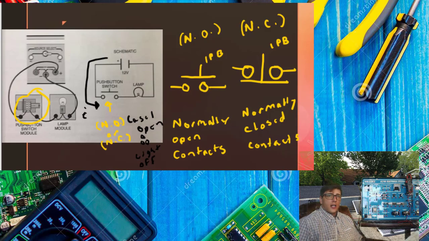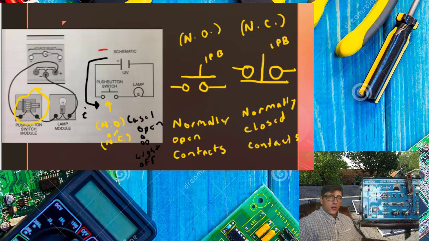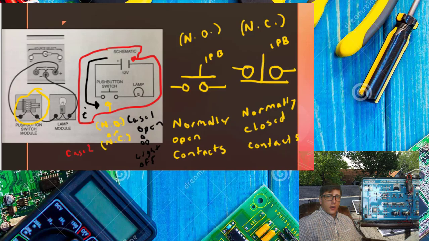Now I'm going to make this a little different. In this case, I'm going to make the electrons red, and this is the electron flow. This is case 2. In this case, the electrons flow through here, through here, and through here, and then we have a complete circuit. I'll erase the whole line, but that's okay.